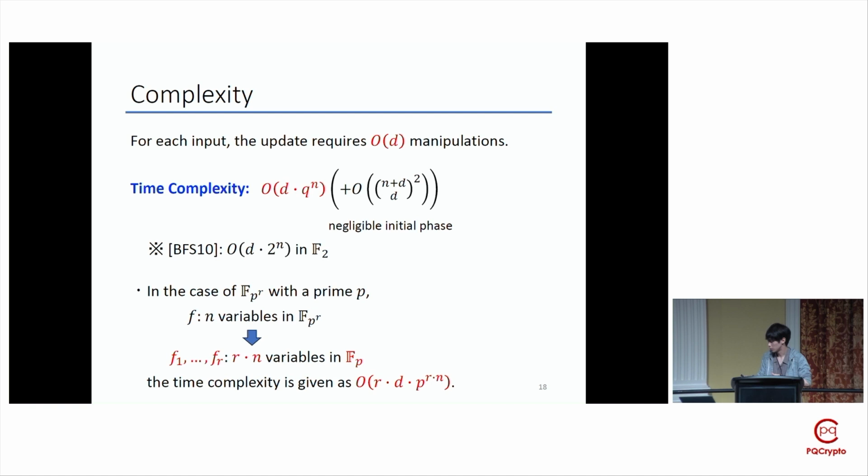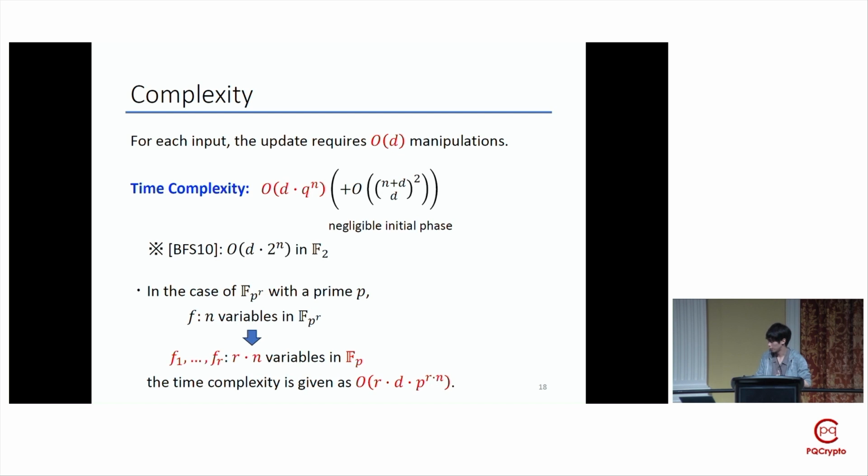And we can also apply our proposed algorithm to the case of F_p^r with a prime p and a positive integer r. Given a polynomial f of n variables in F_p^r, we can transform it to r polynomials of r times n variables in the base field F_p.